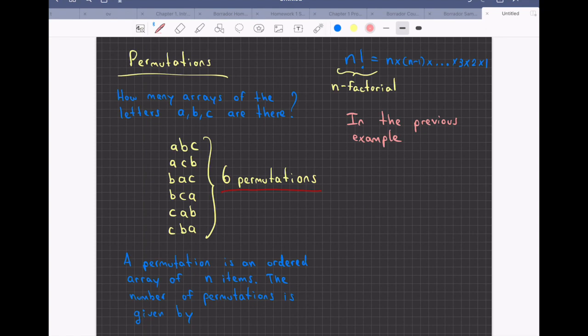So there are n factorial, in this case 3 factorial, because we have 3 letters, and it's equal to 3 times 2 times 1. And this is equal to what? 6. 6 permutations. You see? Of course, it is the same that we counted.